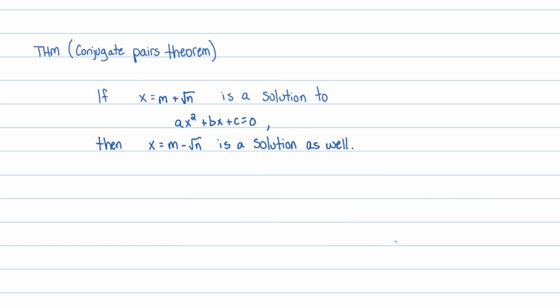The theorem goes like this: if x equals m plus the square root of n, or some type of radical, is a solution to ax squared plus bx plus c is equal to 0, then its conjugate is also a solution. And that's the advanced thing we're doing here: if I give you a solution to a quadratic equation, you should be able to tell me what the other solution is, and you should be able to build back the equation. So let's try that.